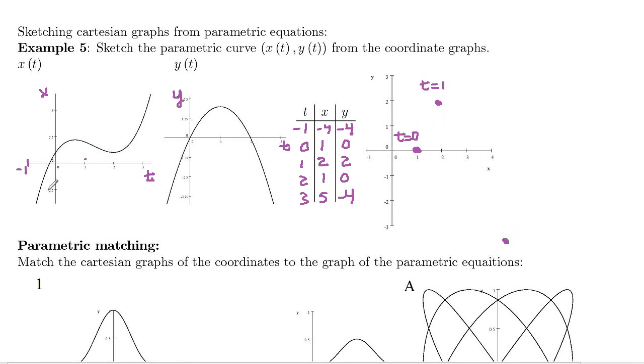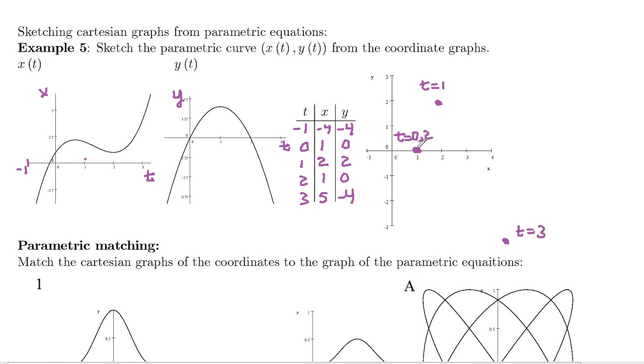And what we see is that our x increases, it maxes out at about t equals 1/2, and it's up at about height 2. So we're going from, let's see, this is t equals 0, 2, and then this was t equals 3.